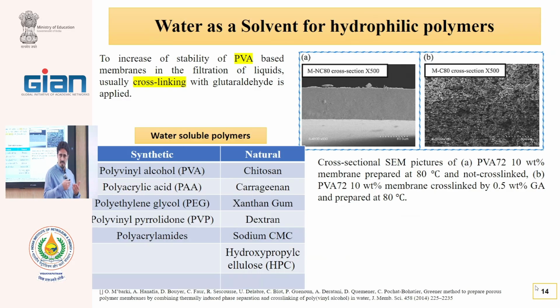We dissolved the PVA in water, added a crosslinker, coated it on glass, and with heating, we removed the water. And when water goes to the atmosphere, we have no problems. But with traditional solvents, when acetone goes to the atmosphere, it causes ozone layer problems and others.